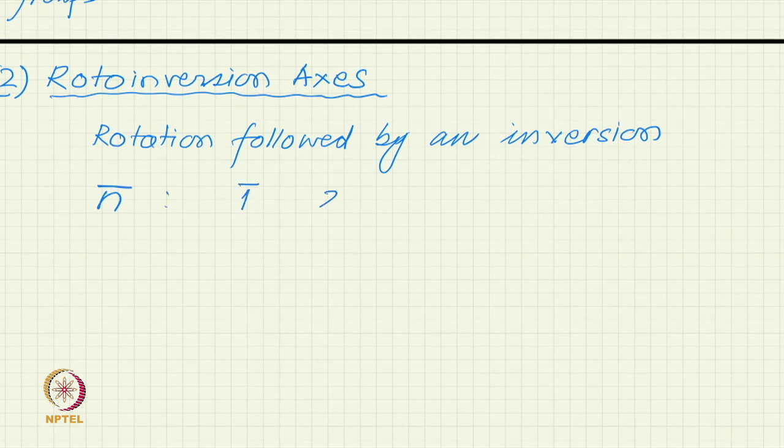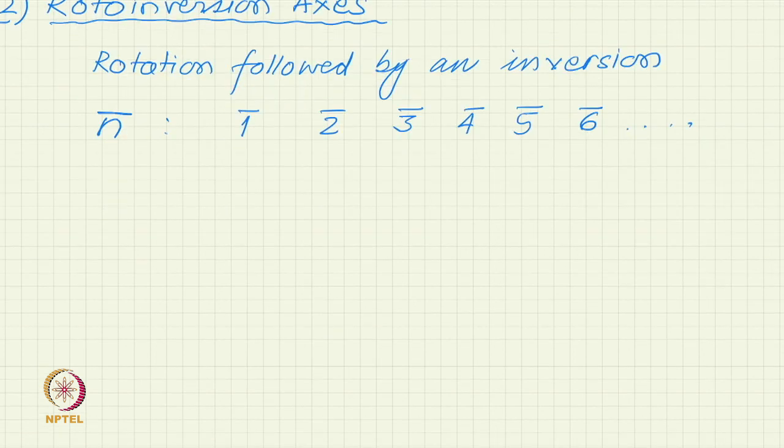So 1 bar, 6 bar. So n-fold rotation axis always indicates rotation by a minimum angle. N-fold roto inversion axis will indicate rotation by that same minimum angle, but you do not have to stop there, it is followed by an inversion process.